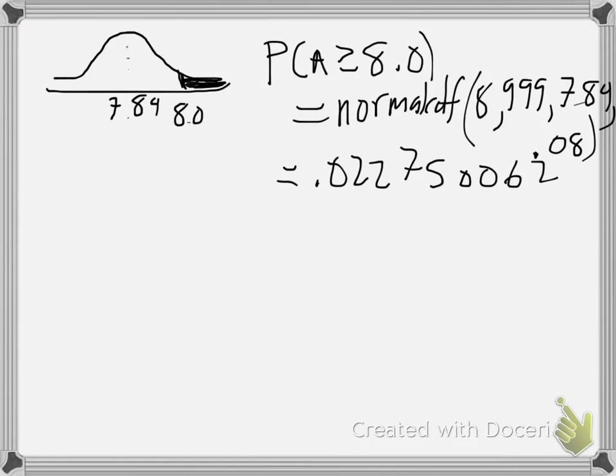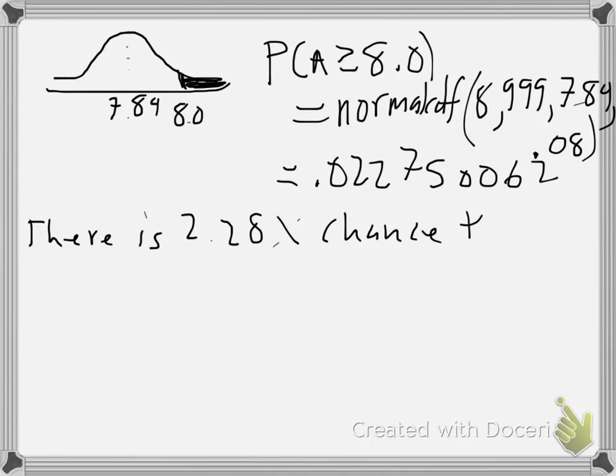Now, if this were a test, is this good enough? For this particular problem, since it's just asking one question, it's not asking for a four-step process, but I may as well just back myself up and say there is a 2.28% chance that a randomly selected tube A is 8 centimeters or greater.